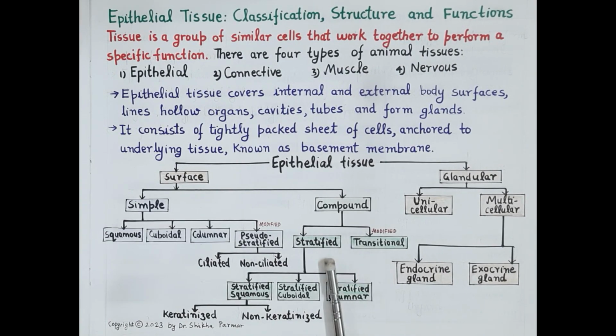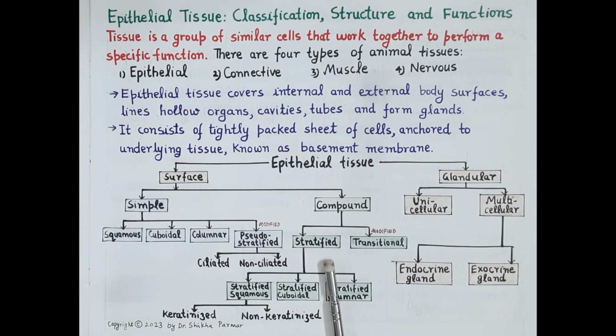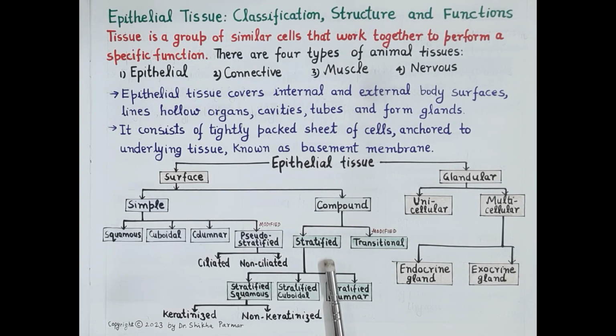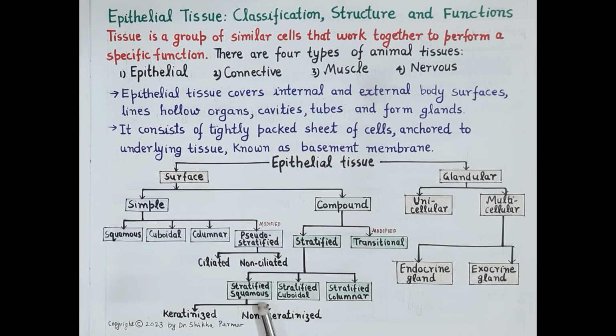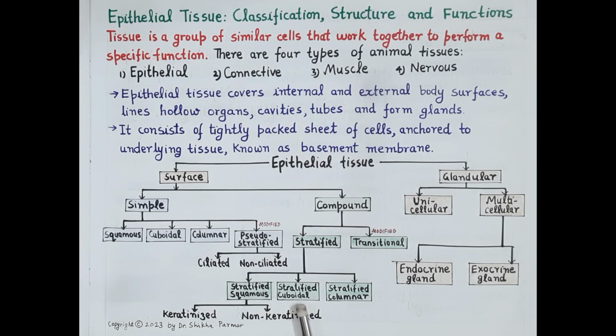Now, stratified epithelial tissue is further classified into three types based upon the shape of surface epithelial cells. If the surface epithelial cells are flattened, it is known as stratified squamous. If the surface epithelial cells are cube shaped, it is known as stratified cuboidal. And if the surface epithelial cells are columnar, then it is known as stratified columnar.